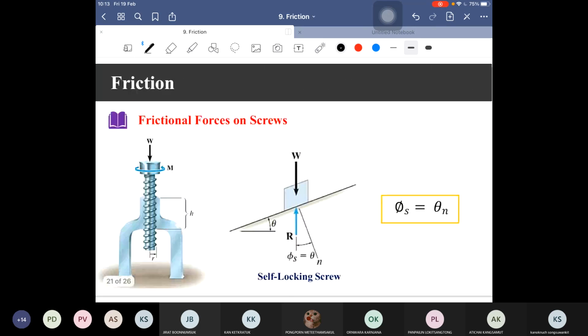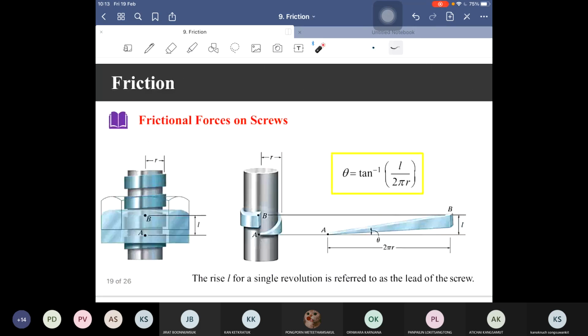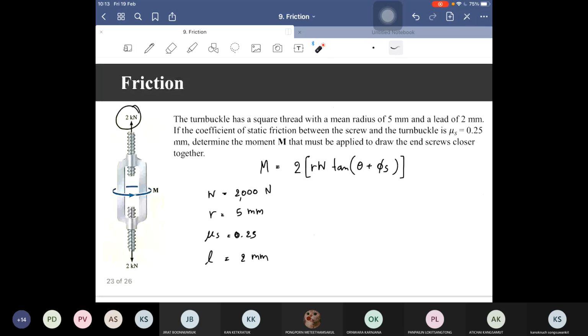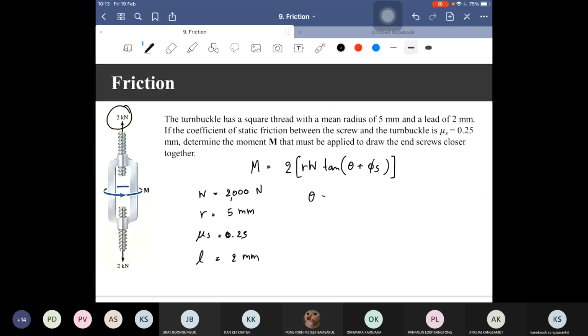From the first page of the slide, we can find the angle theta by using L and R. So theta equal to arctan L over 2 pi R. And what about phi s?